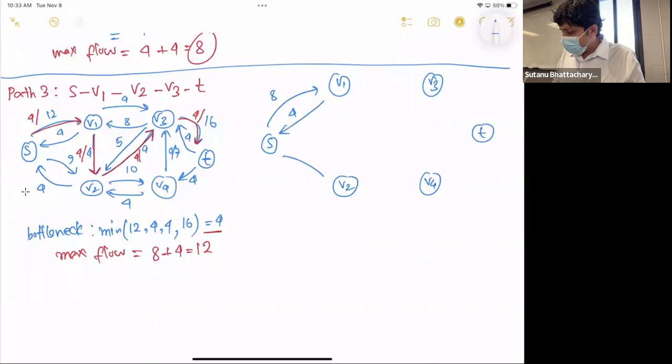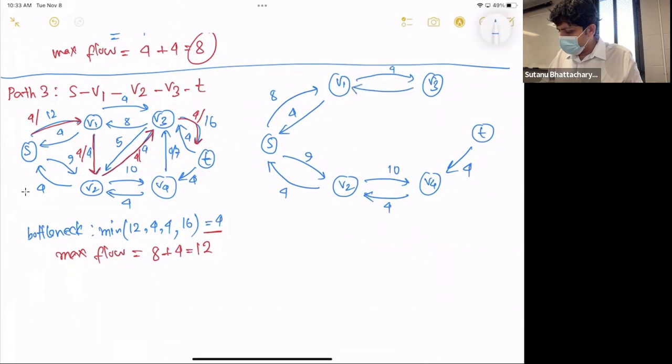Now draw 9, this is 4. 10, this is 4. And this is 8.